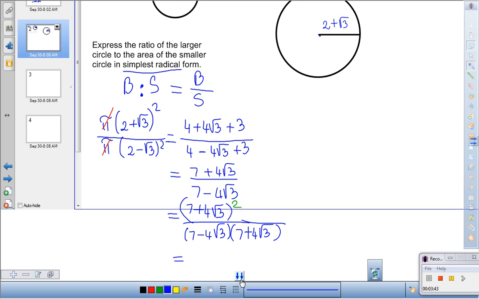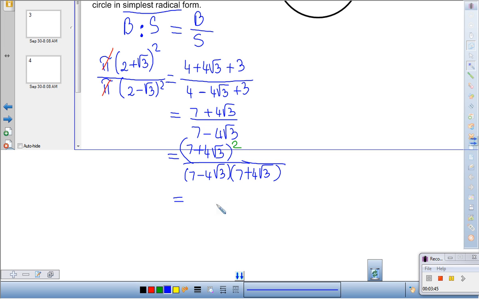We have again a difference of squares in the denominator, which is 28, sorry, 7 times 7 is 49, not 28. 49 minus 4 times 4 is 16, times 3 is 48.